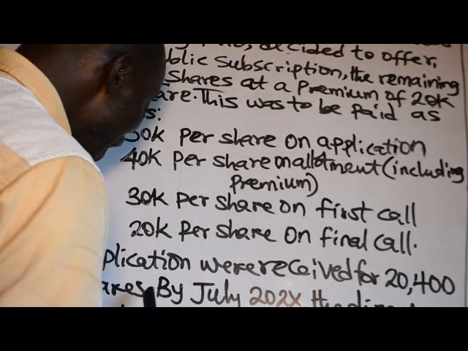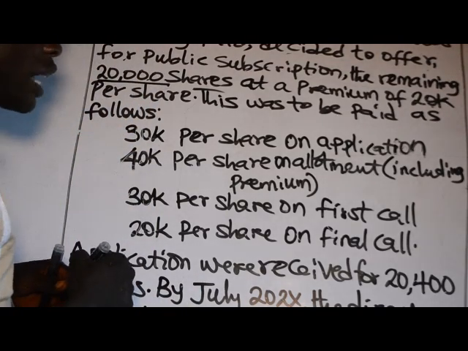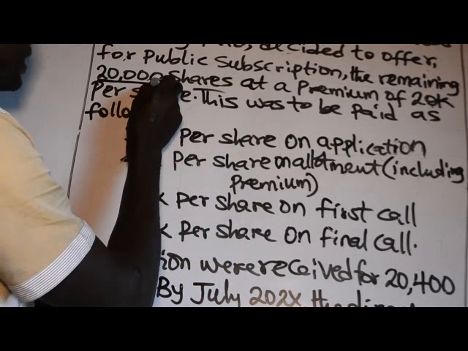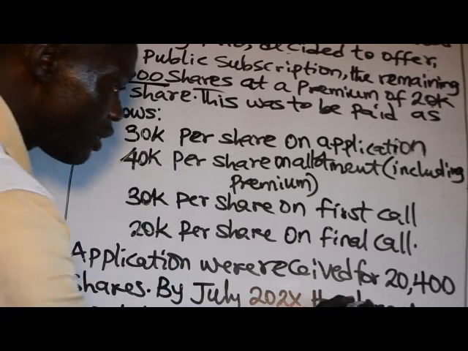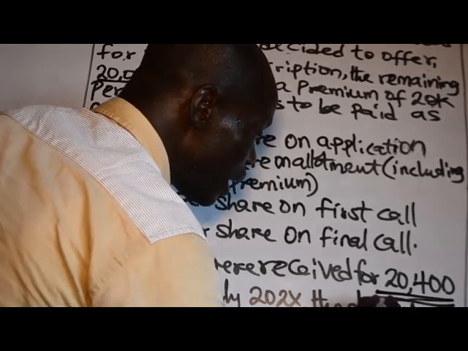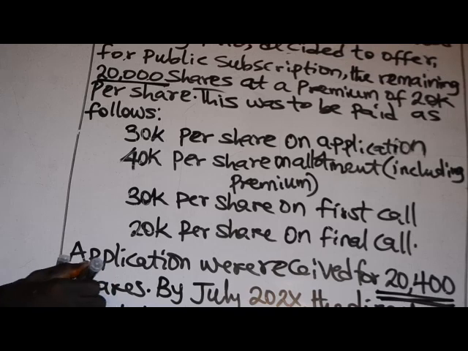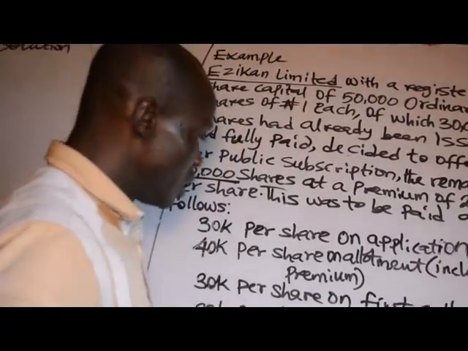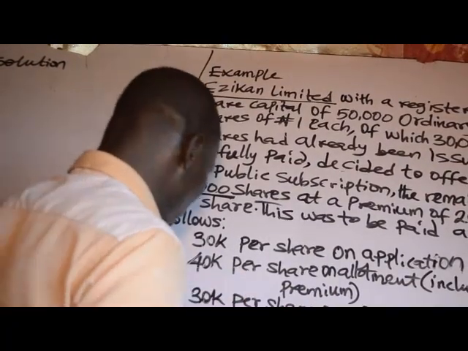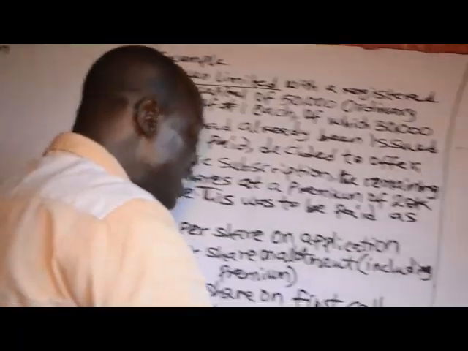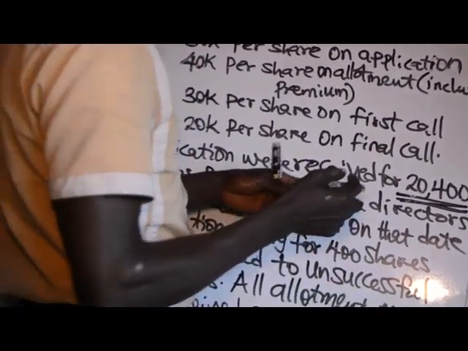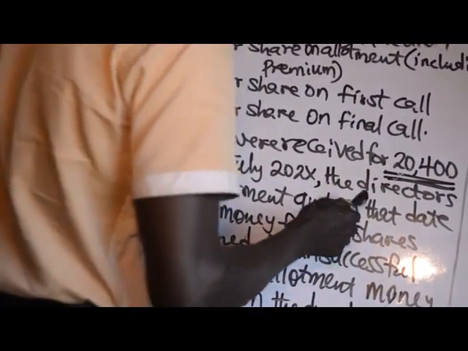Now, this is the case of over-subscription. The number of shares in issue is 20,000 shares, but they received applications for 20,400. That is over-subscription. Since it is an over-subscription, the excess application money will be refunded to the unsuccessful applicants.